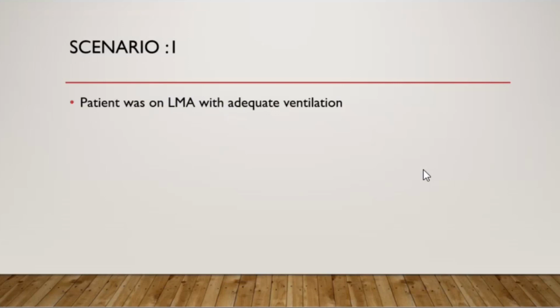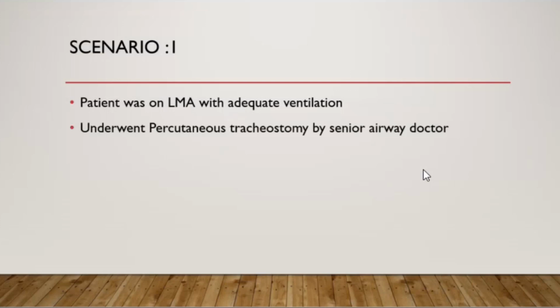So the patient was able to maintain adequate oxygenation, and she underwent percutaneous tracheostomy by a senior airway doctor. We could secure the percutaneous tracheostomy within 15-20 minutes. So the things to remember: always call for help, have a plan, and follow the guidelines. Don't jump all of a sudden from the second step to the third or fourth step, or from the first step to the last step.